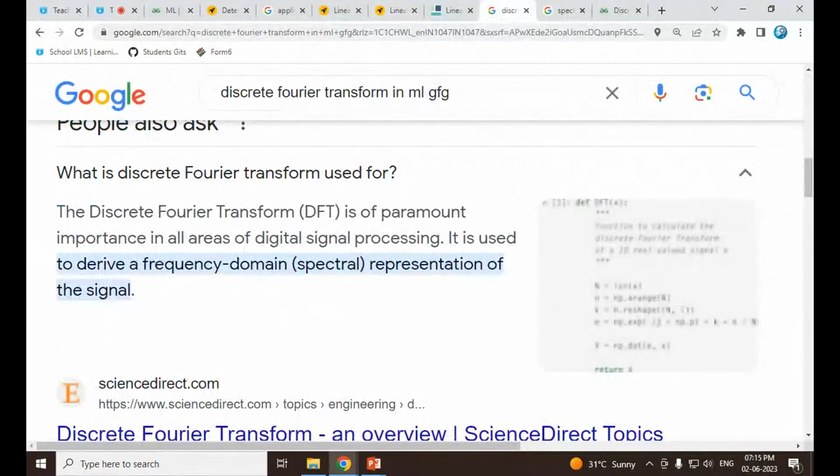In terms of physics, spectral is a band of wavelengths. Or we can take it as a range. Yeah, you can take it as a range also. It is used to derive a frequency domain representation of a signal. So that we can represent with this concept.